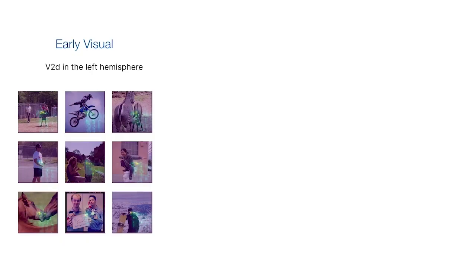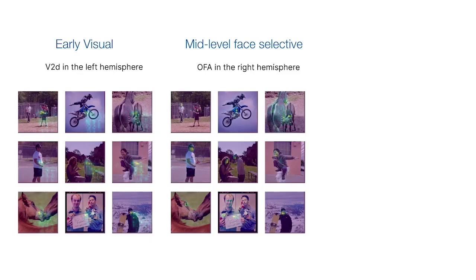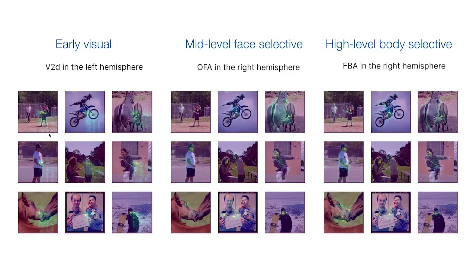Now, when we look at the attention weights from different queries, we see something interesting. When we're predicting V2 dorsal in the left hemisphere, the model attends only to the lower right quadrant of the image, regardless of the content, because that's what matters. When you go into higher categorical areas, you could see that the attention weights become focused on the face and different parts of the face.